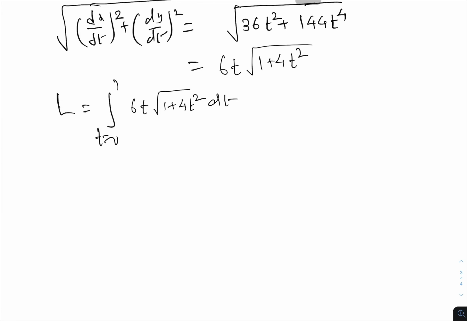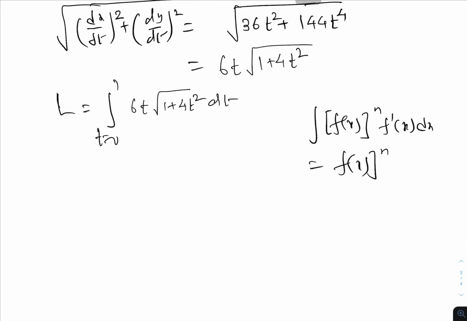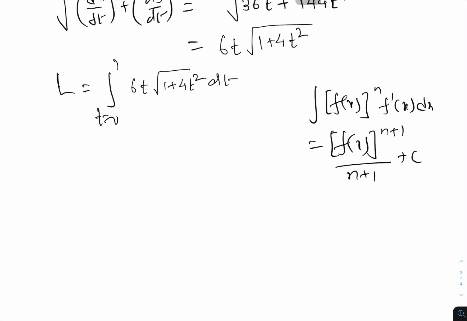Now we need to take the integration, so that's not difficult. You can integrate using the formula: the integral of f(x) to the power n times f'(x) is f(x) to the power n plus 1 upon n plus 1. Because here the derivative of 1 plus 4t squared is 8t, so that we can manage.